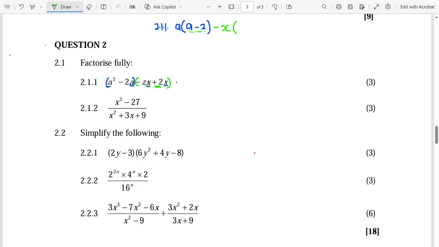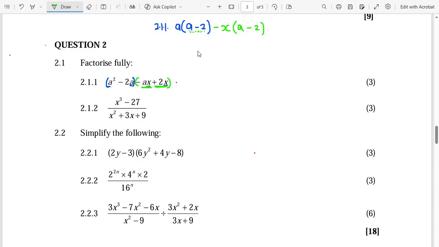When I take minus x inside the bracket, this term here, I'm left with a, which is positive. You see? Then I have x out as a common factor, but I have positive 2. So the best way to do this is to have minus 2 inside the bracket, because minus x times minus 2 will give me that positive 2x.